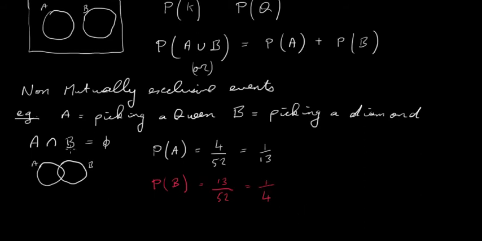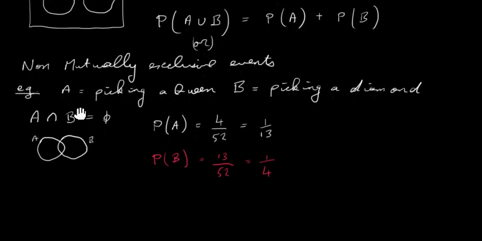Now there is an overlap here, so there is a possibility of picking a queen of diamonds. So what we're going to do here is just look at the probability of picking the queen of diamonds. There is one queen of diamonds in the pack of cards, so that's 1 over 52.